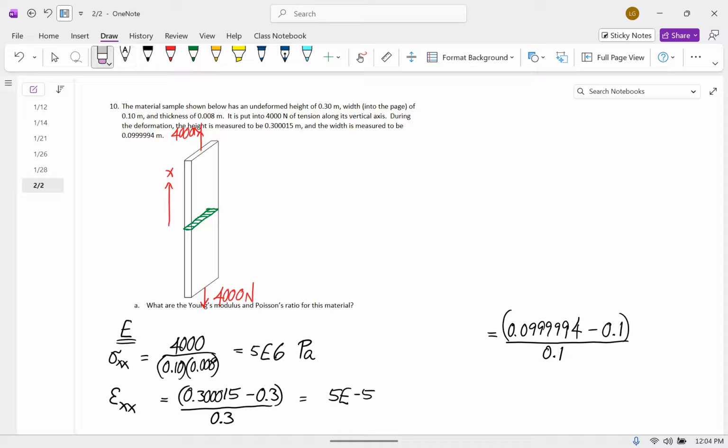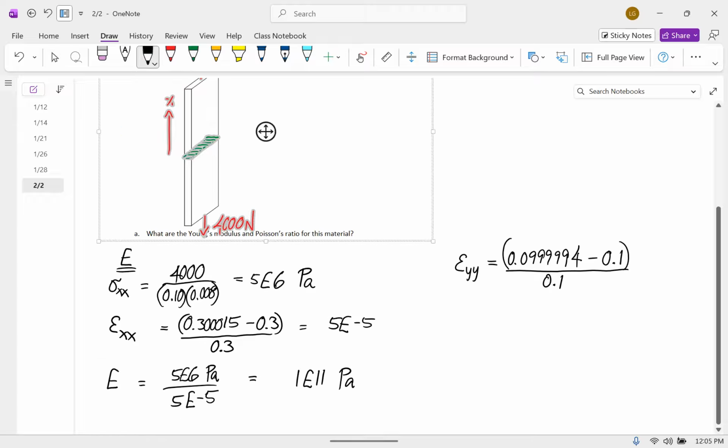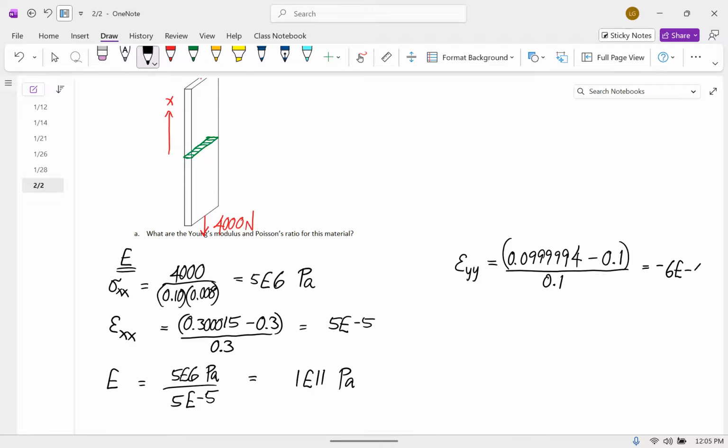And this is not the Poisson's ratio, sorry, this is just the off-axis normal strain. I'll call this EYY. So that is negative 6 times 10 to the minus 6.